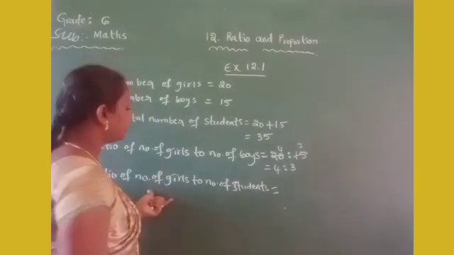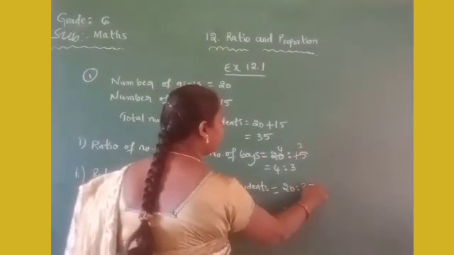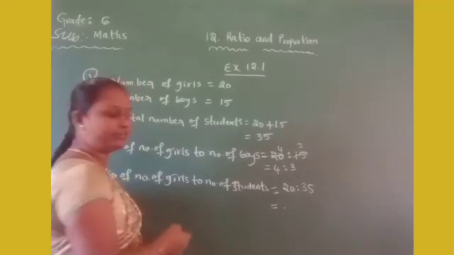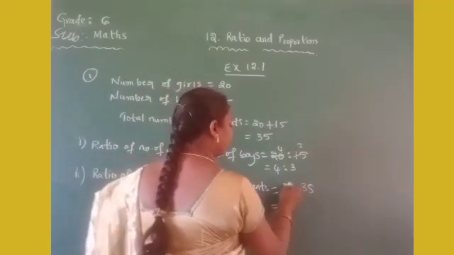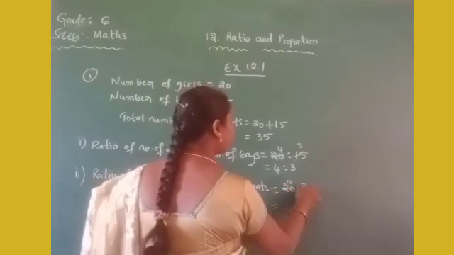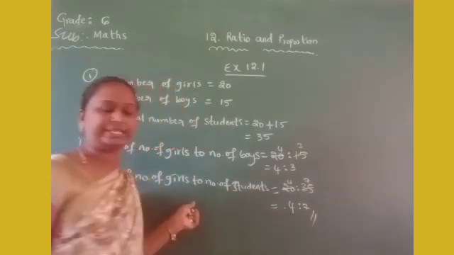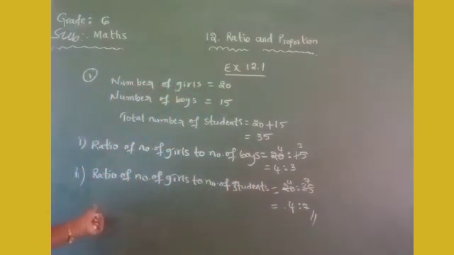Girls are 20, total number of students is 35. What is the simplest form of the ratio? It is divisible by 5: 5 fours are 20, 5 sevens are 35. What is the ratio of girls to students? 4:7. Is it clear? Okay.